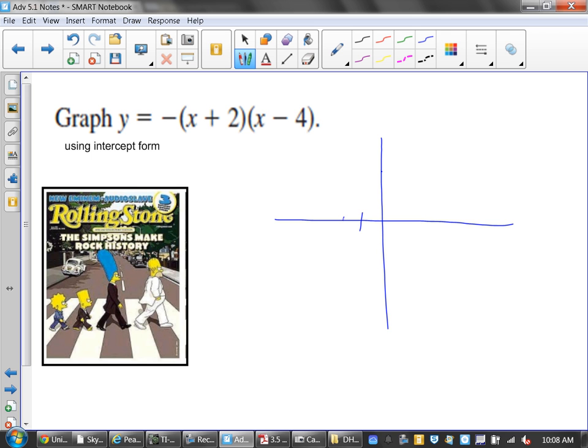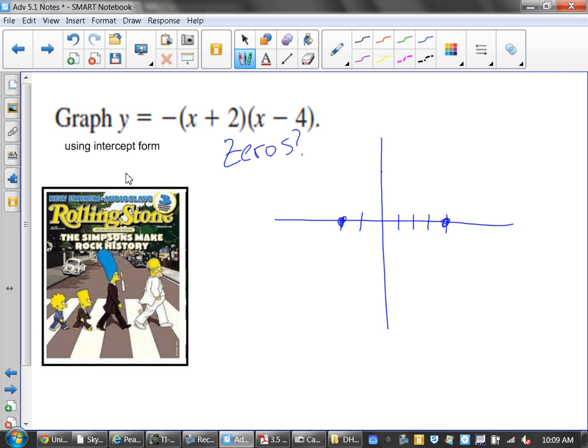Negative 2 and 4. Because what you're doing here is you're finding zeros. What are your zeros? Your zeros are those. It's always just the straight opposite sign.